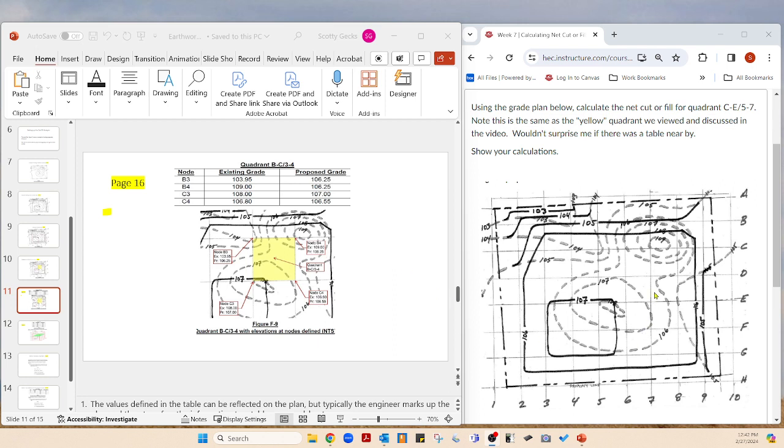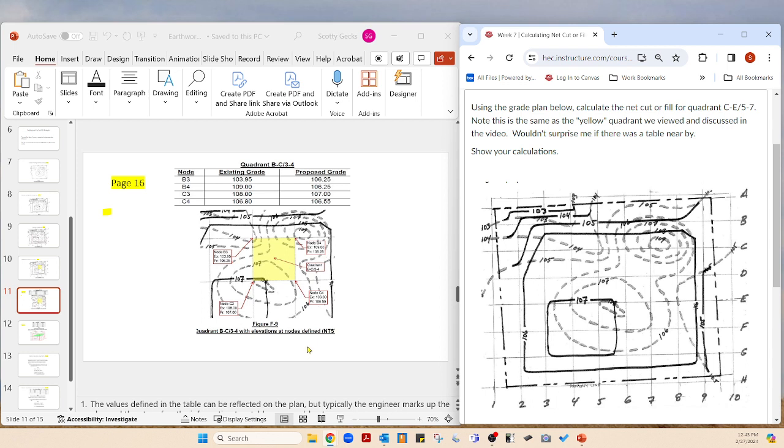But we're going to go through what I went through in the video, and perhaps you'll begin to see the correlation between the problem and the stuff that was talked about in the video. So this up here, in the yellow quadrant, is talked about in this illustration, and also in other illustrations.